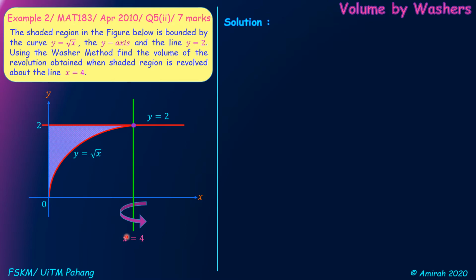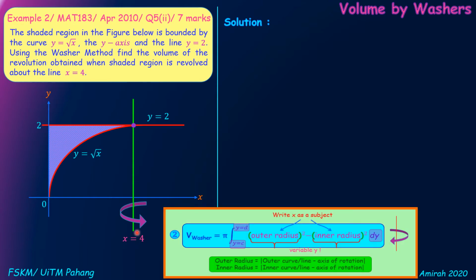After we find the axis of rotation, this is a vertical line. From volume by washer, if the axis of rotation is a vertical line, we need to integrate with respect to y.